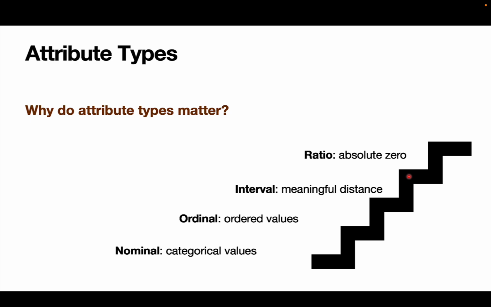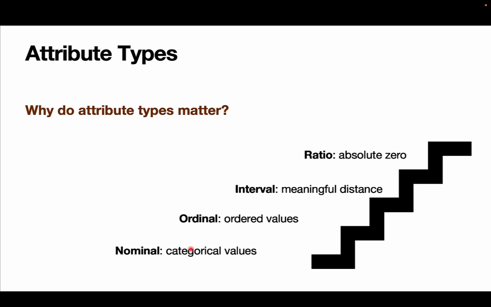So, why do attribute types matter? Remember, the data pre-processing step involves computations such as computing similarities and distances between the attributes. So, choosing the appropriate metric has a lot to do with the attribute data type.